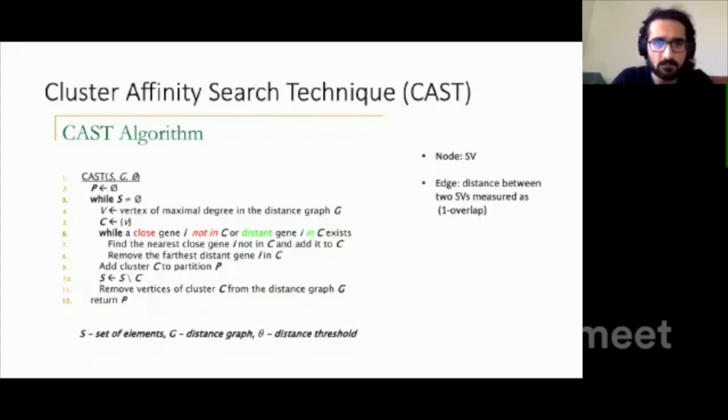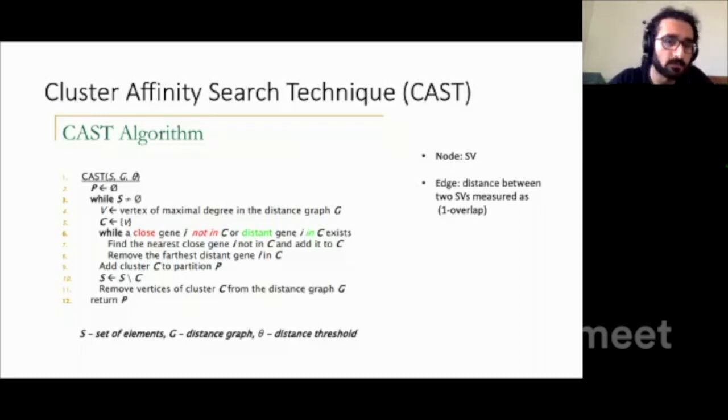We start from the vertex of maximal degree in the graph. This is mainly used for gene expression data, so we can substitute the word gene for SV here, or node. While a close SV I not in our current cluster or clique C, or a distant SV I in our clique C exists, first we find the nearest close SV I not in the clique and add it into it.